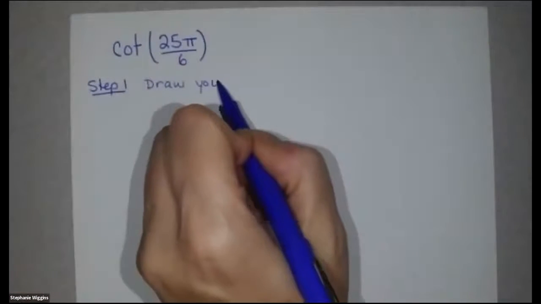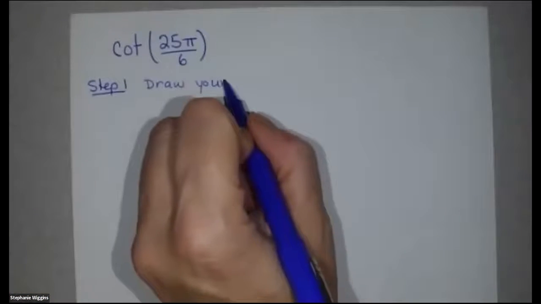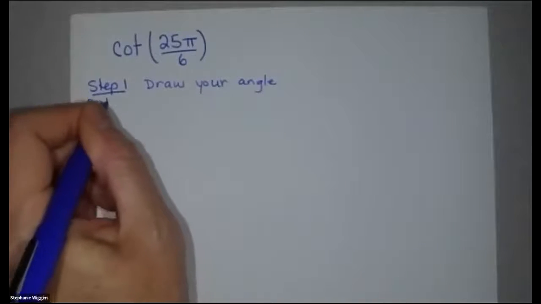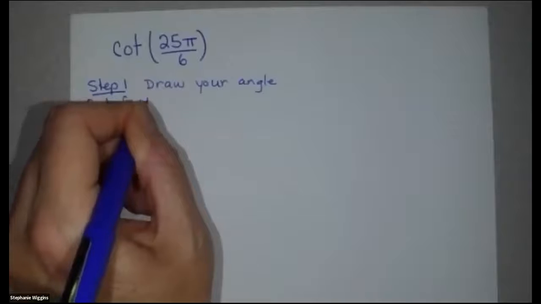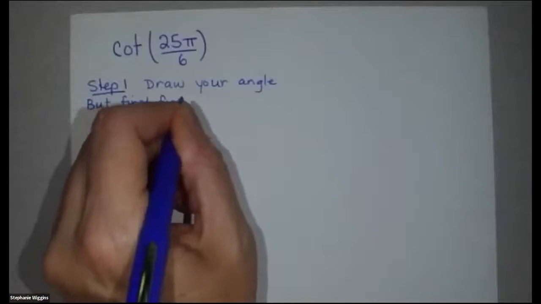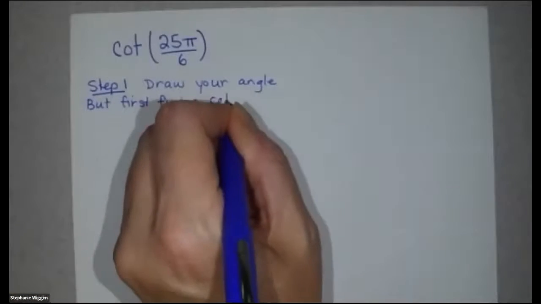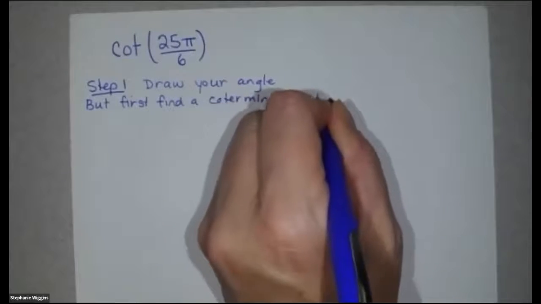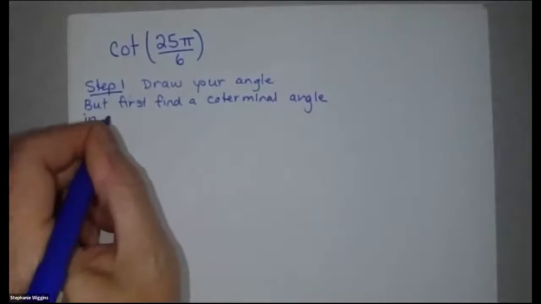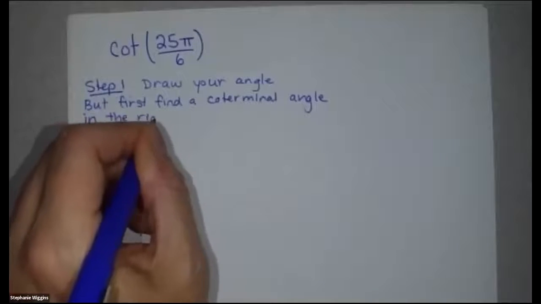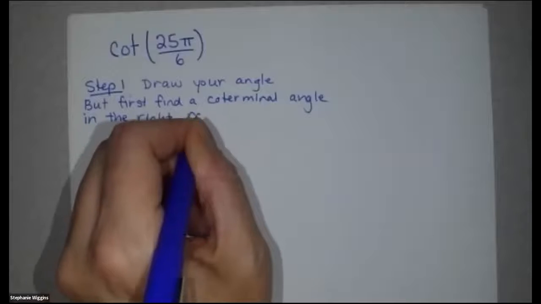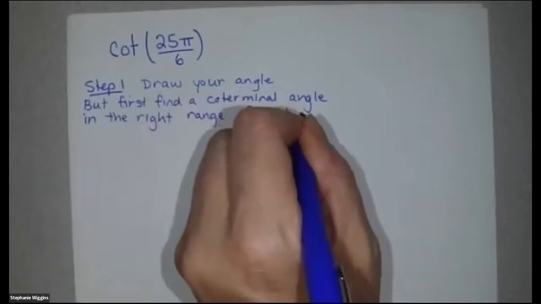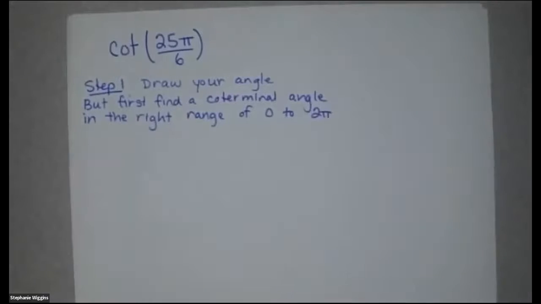So we want to find the coterminal angle. I'm just going to put a note here: first, find a coterminal angle in the right range of 0 to 2 pi, okay?